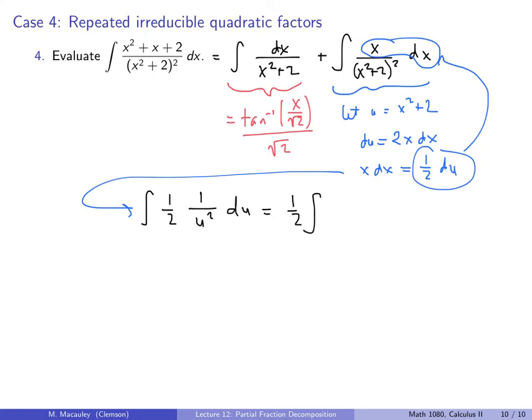I still like to write this to this day as u to the negative 2 du. So now this is 1/2 u to the negative 1 over negative 1, which, let's be careful here, is negative 1 over 2u, which is negative 1 over 2 times x squared plus 2. I'm omitting the plus c because I'll add that in at the end.